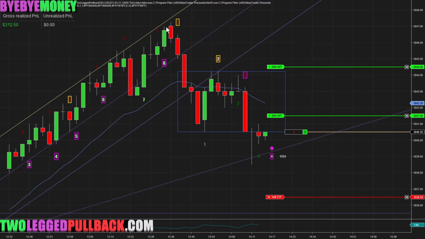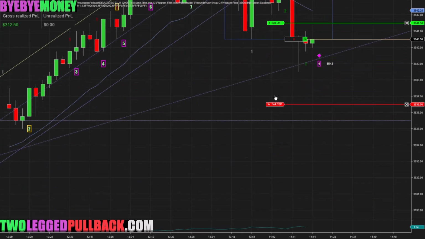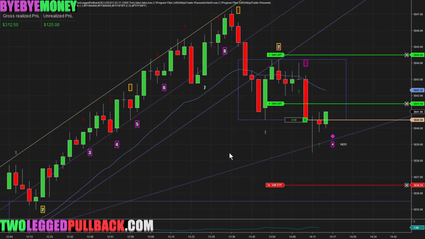I'm still thinking it's going to try to retest this high before really breaking down here. Or at least this high here.